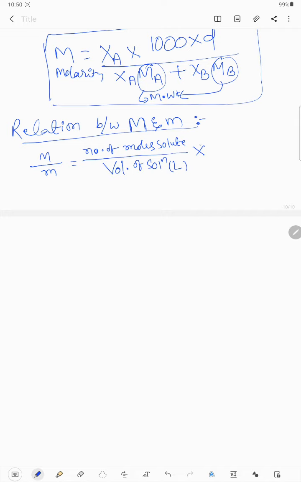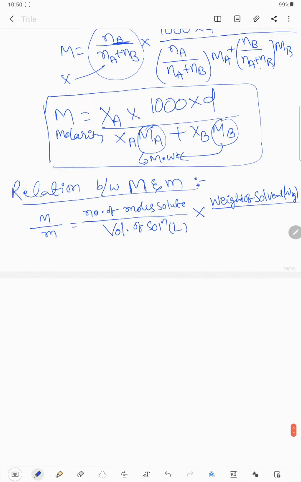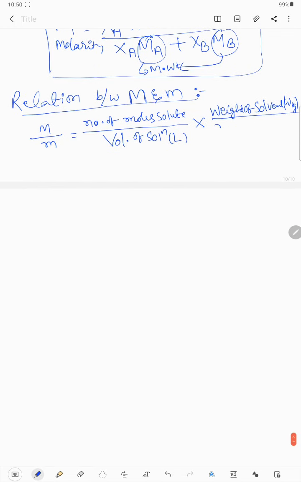Then molality, it is reverse: weight of solvent W in kg divided by number of moles of solute.